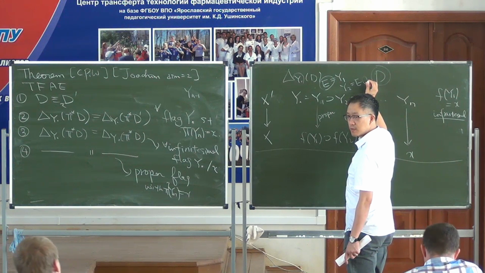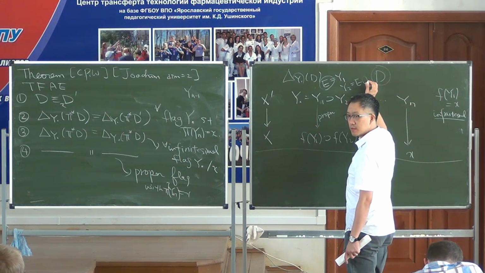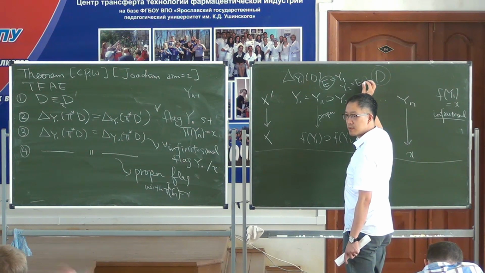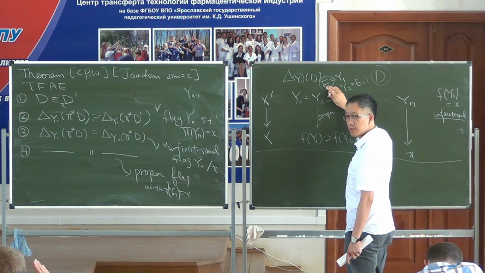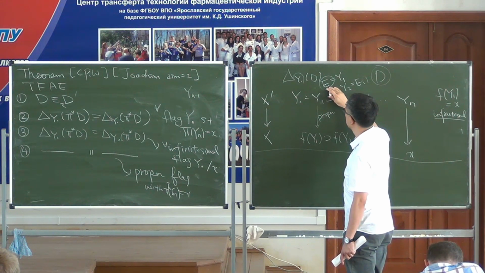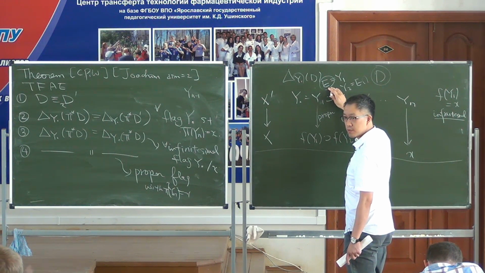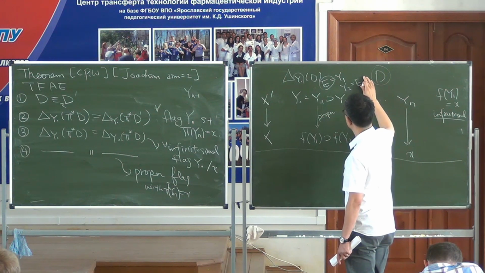E is a projective space, a small projective space, and I want Y2 to be a linear subspace of this projective space.